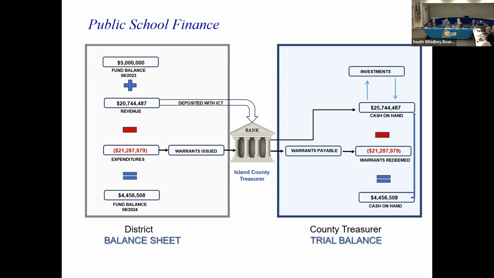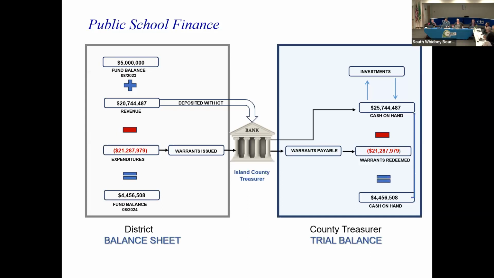You sent money, you sent checks, we cashed these checks, etc. So trial balance doesn't add to the revenue or expenditures that the district receives. It's a very simple process. It's revenue minus expenditure. That's what we have in our budget process. So that's really what we're talking about. Warrants payable, cash on hand, all that stuff is not actual revenue or expenditure for the district.